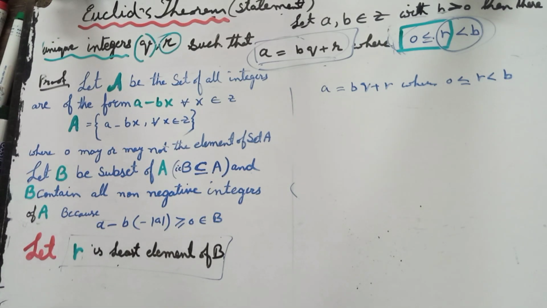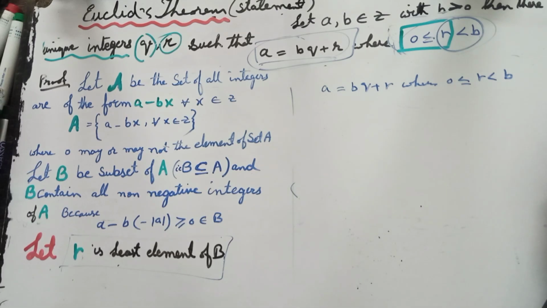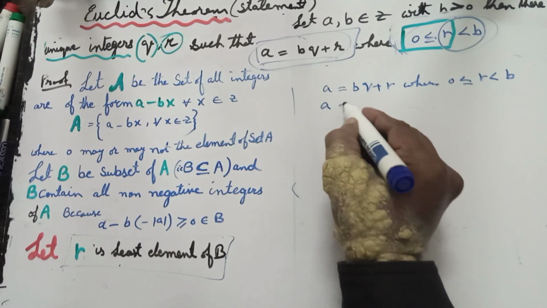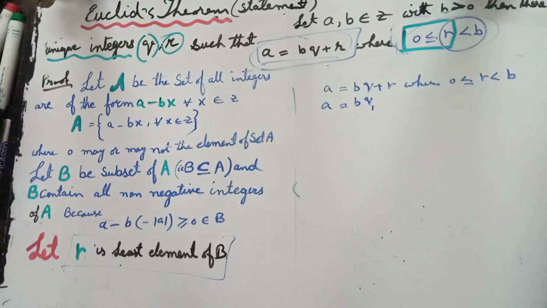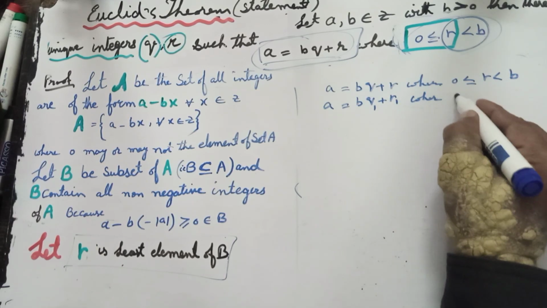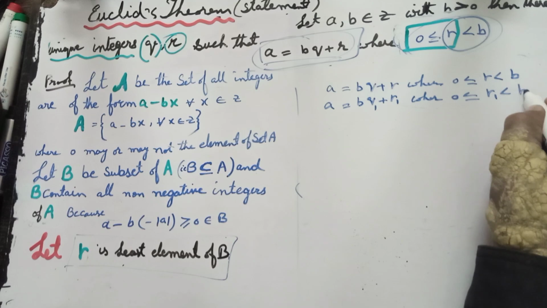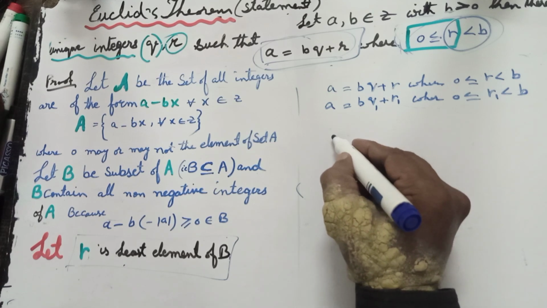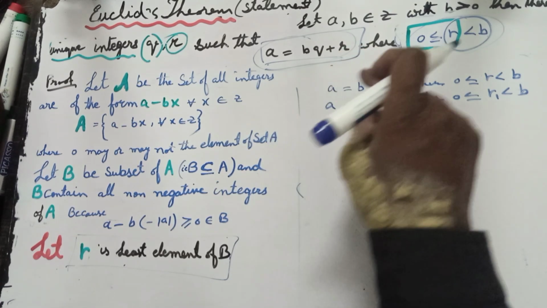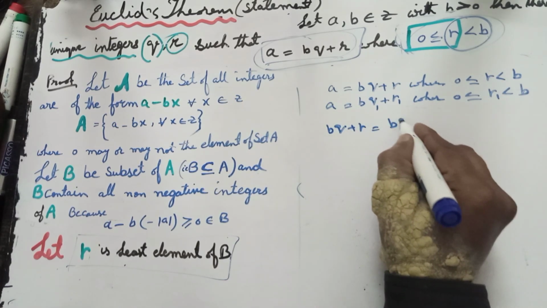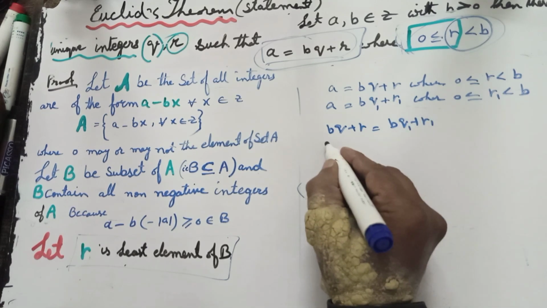And in the other case, we have other values of q and r, q1 and r1, where 0 is less than or equal to r1, which is less than b. If these two are the same, then these sides are also equal: bq plus r is equal to bq1 plus r1.